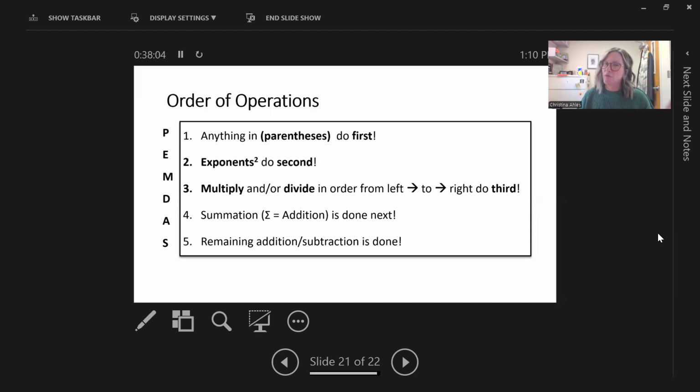Then you multiply or divide from left to right, and then you do your addition and subtraction. Make sure that you are going by the order of operations, however you learned it. I learned My Dear Aunt Sally, you probably learned it as PEMDAS, but do some practice on that. There is an order of operations video that I recommend you watch because there is an order of operations activity.